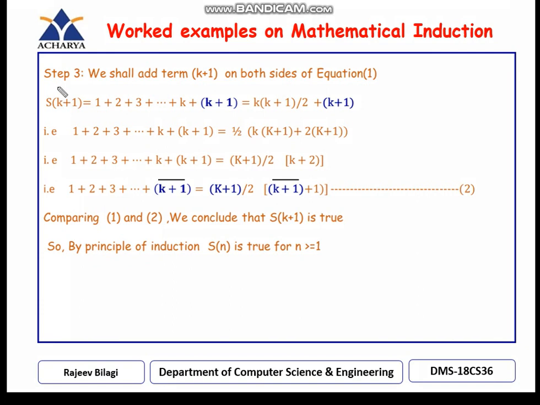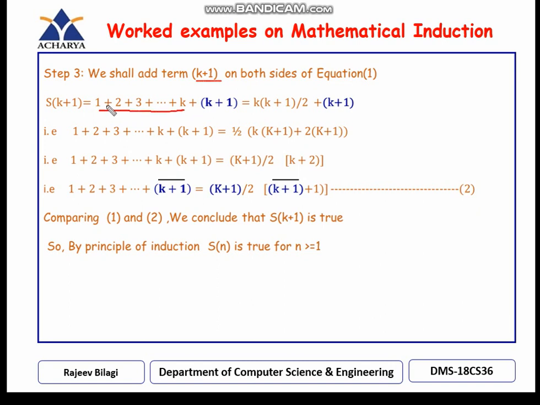Okay. The next step is the third step. So I need to find out S of k plus 1. How are you going to find out? Based on the pattern.